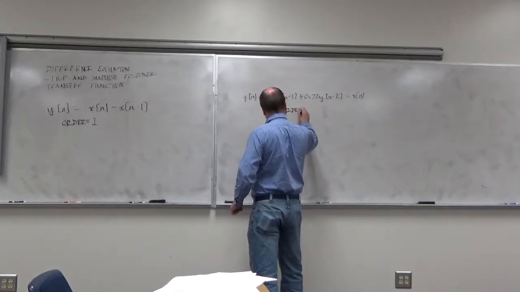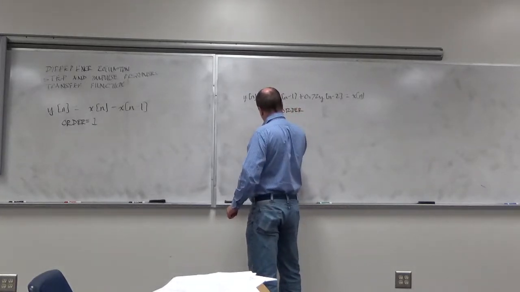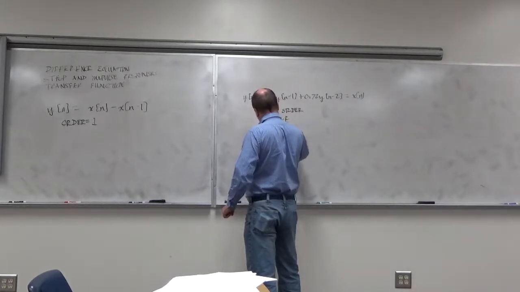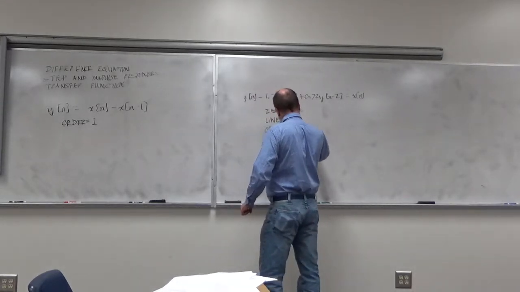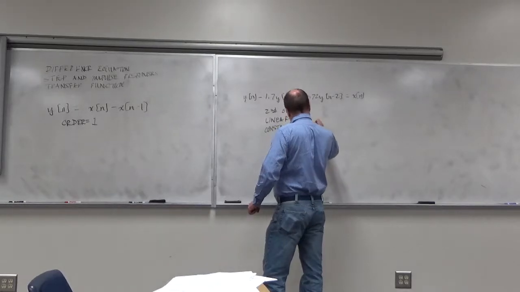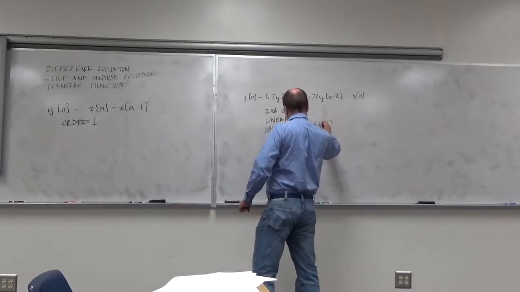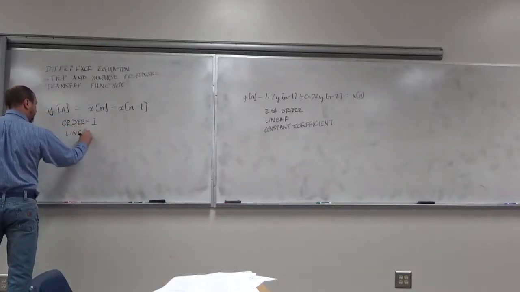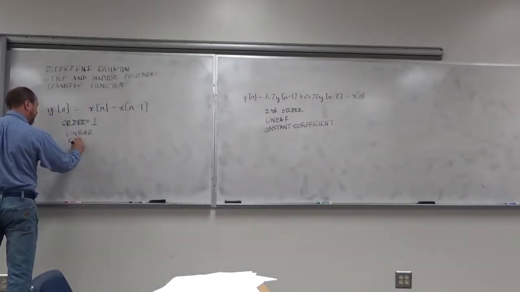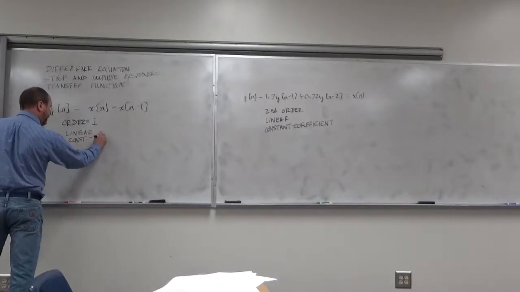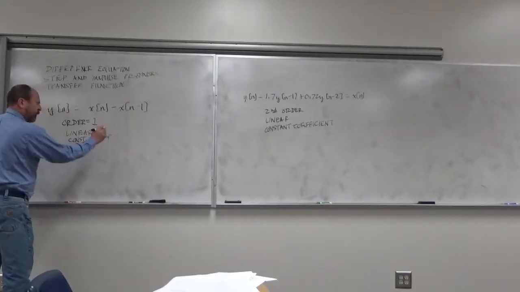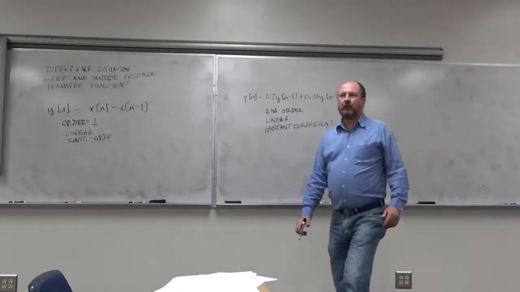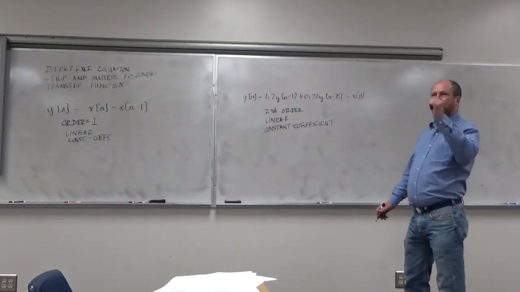They are both linear. They are constant coefficient. And so I'll write, this one's also linear and constant coefficient. What does constant coefficient relate to in terms that we use as engineers?